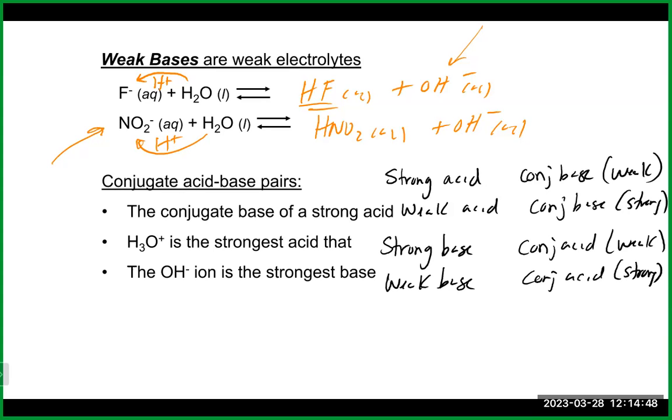So just so we're clear, we'll see this in this chapter a little bit later on, but when we talk about the conjugate base being strong or the conjugate acid being strong, we're not talking about it in the sense of it being a really strong acid or strong base. What it means is in certain cases, those conjugate partners can continue to react.